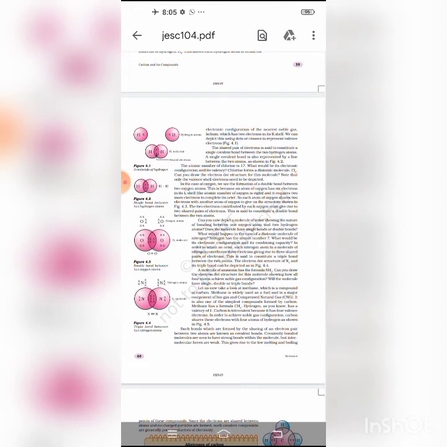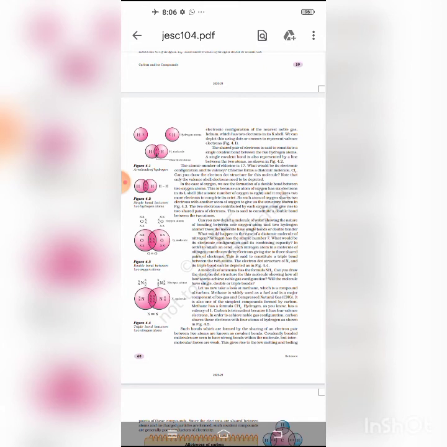For example, chlorine Cl2 with a molecular weight of 71 is a gas, bromine with a molecular weight of 170 is a liquid at room temperature, and iodine with a molecular weight of 254 is a solid.